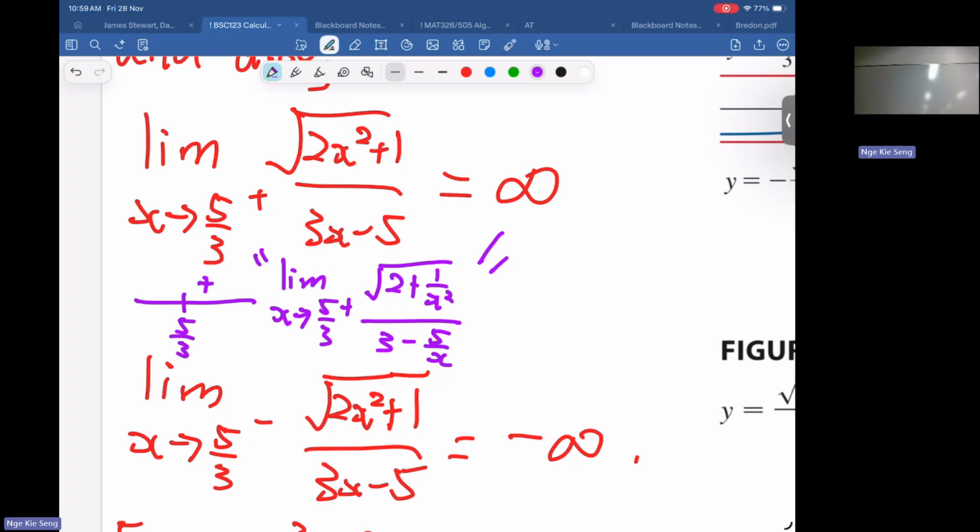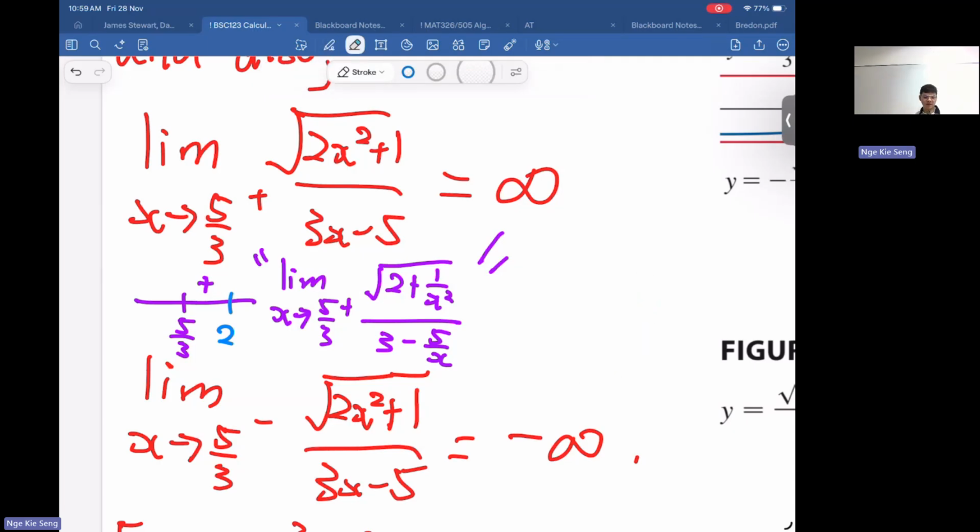So maybe we try some number greater than 5/3, maybe 2. If I have 2 here, 3 minus 5/2, what do you get? It's less than 3, so that's fine.